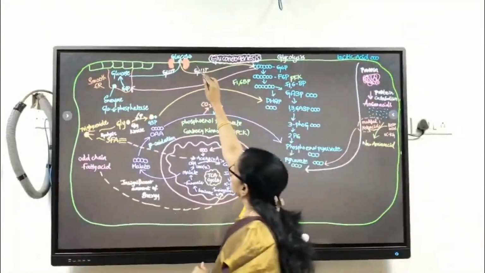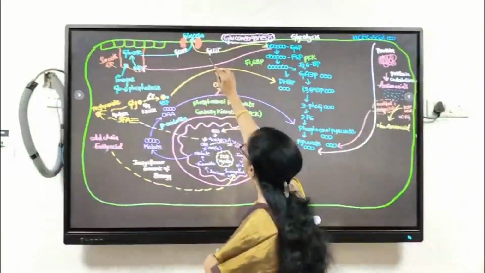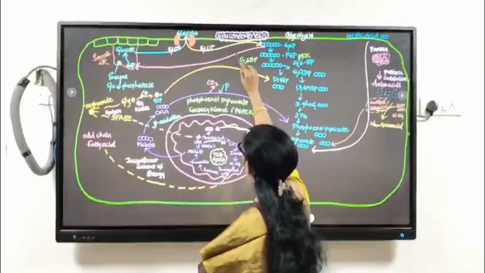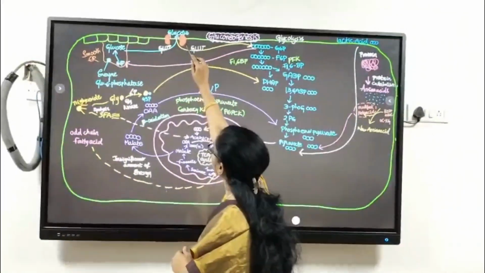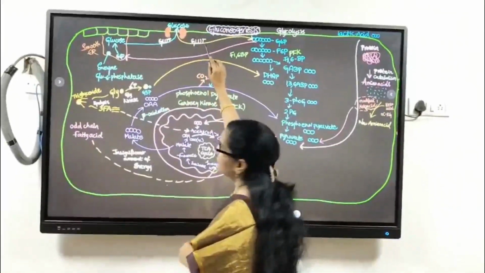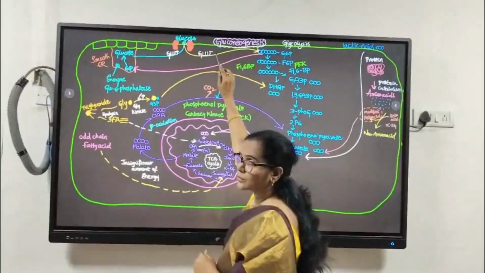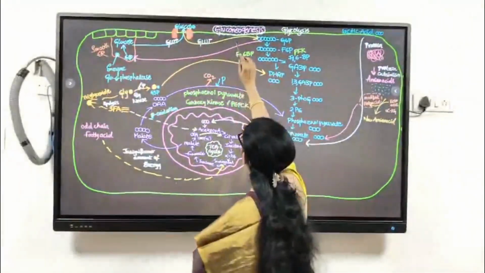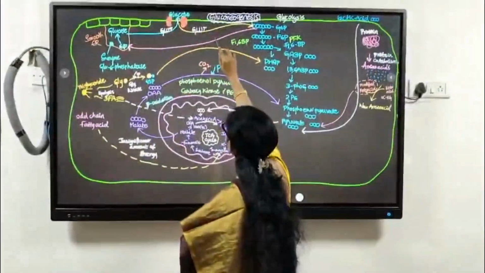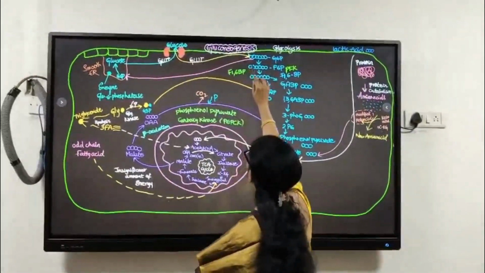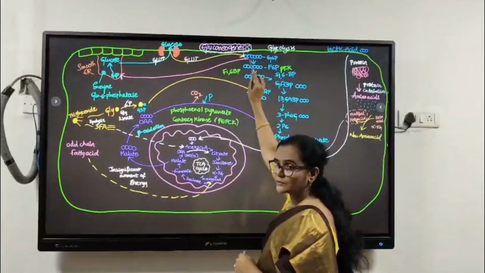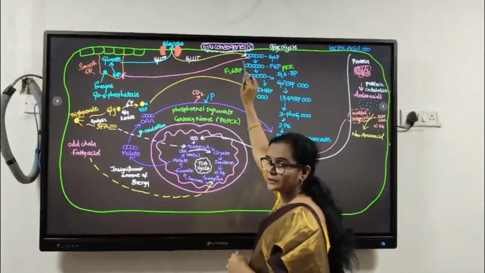Glucose from the bloodstream enters the cell through glucose transporters. In the liver, this is glucose transporter 2. In the cell, it is phosphorylated to glucose 6-phosphate with the help of the enzyme hexokinase.